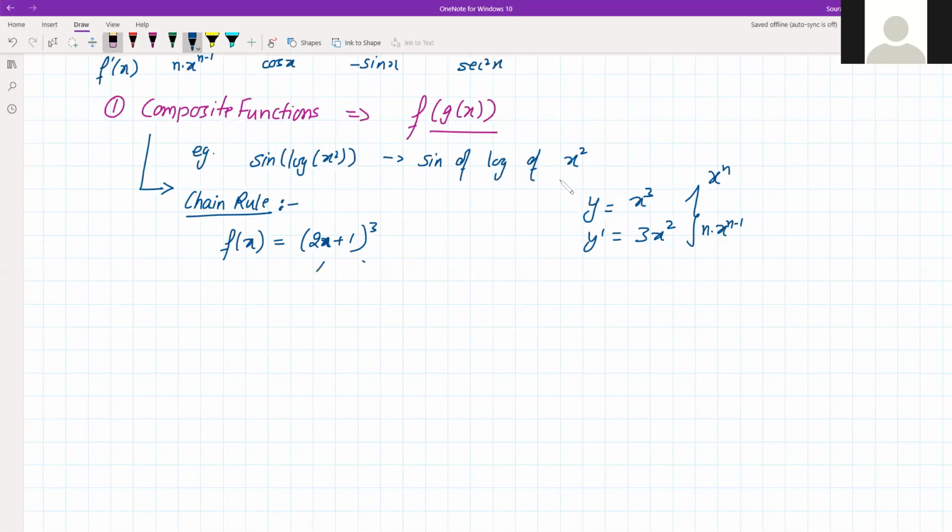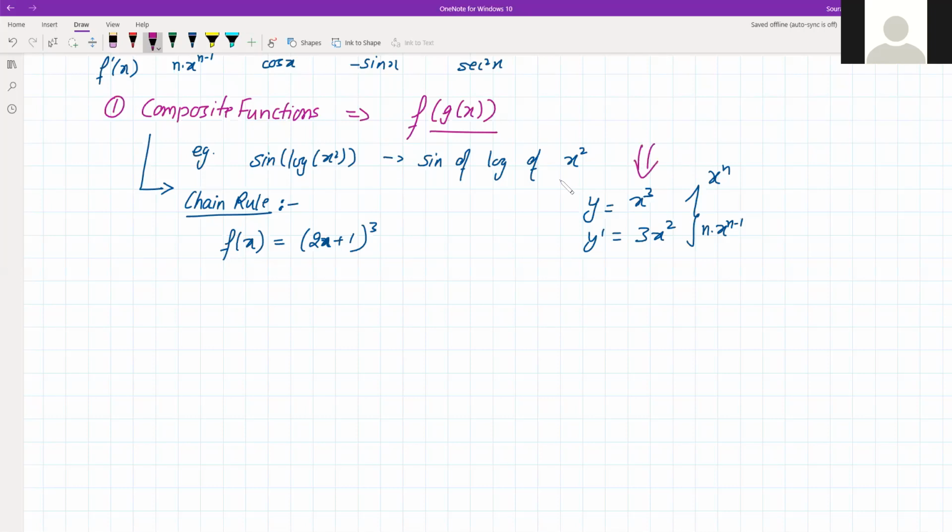Now, in order to solve such differentiations, or in order to differentiate such composite functions, we do this. First, you take the outermost function. Outermost function here is cube. And you apply the standard result of cube here, right? So this one is the standard result of cube. So you apply this here.